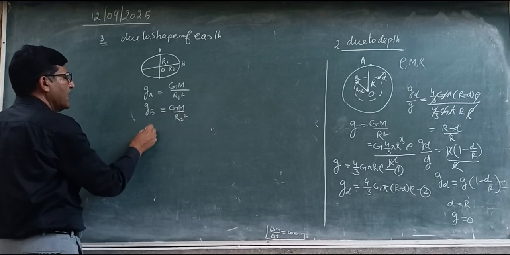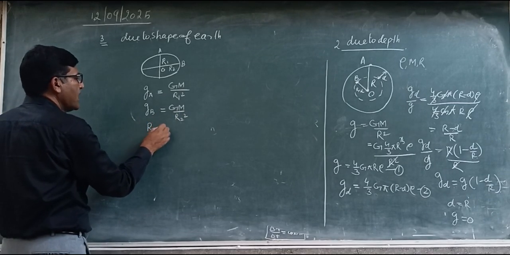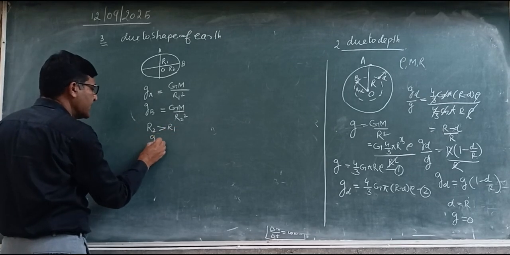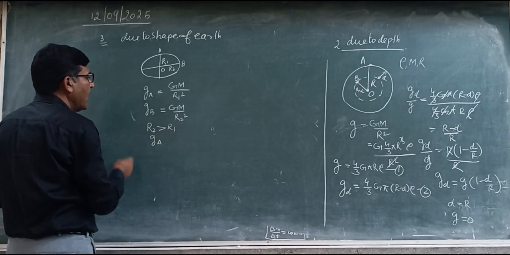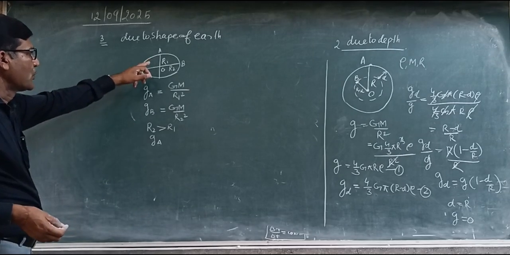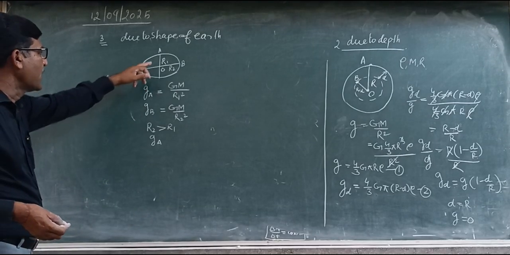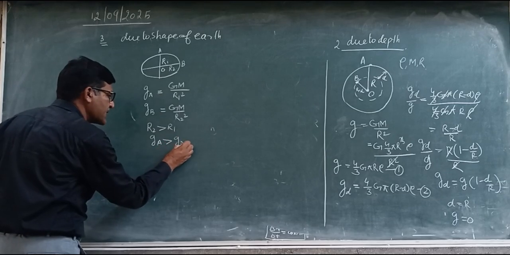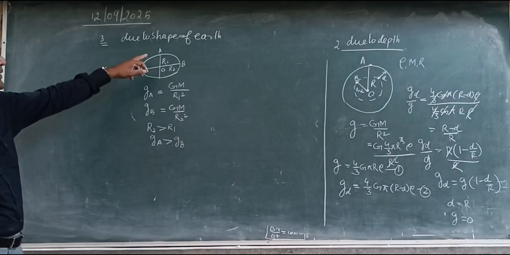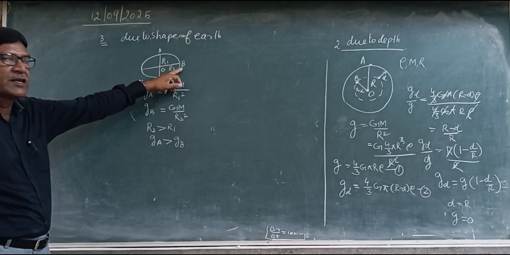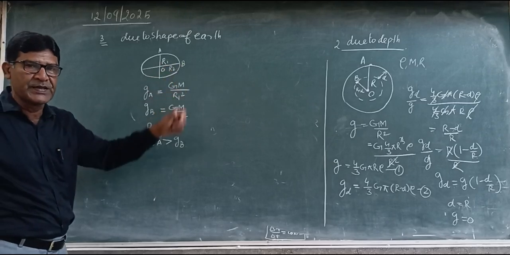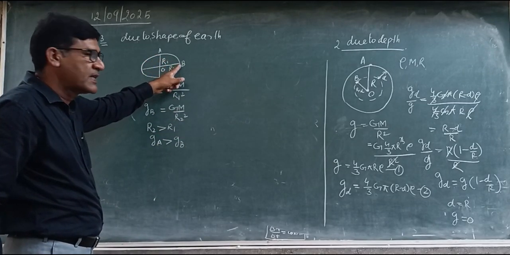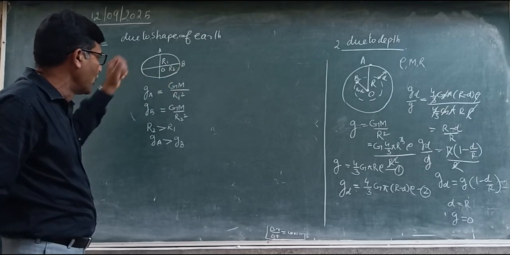Clearly, if you compare, R2 is greater than R1, and therefore Ga, the acceleration due to gravity, will be more than Gb. It means that if you weigh some object at the pole and it is taken to the equator, it will lose weight. It means that acceleration due to gravity is less at the equator than it is at the poles.